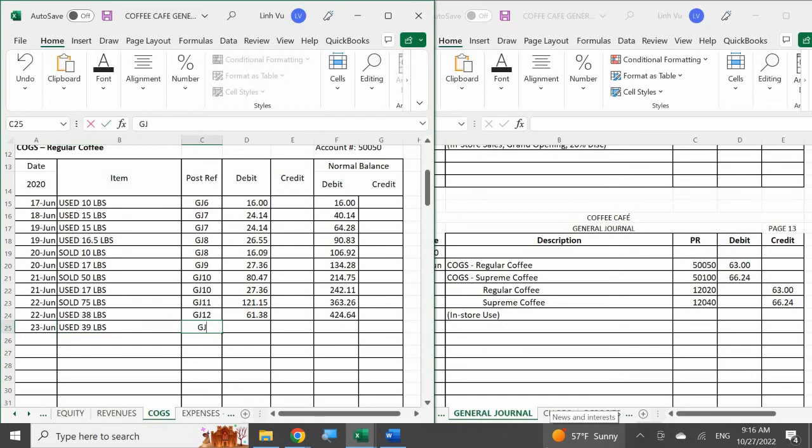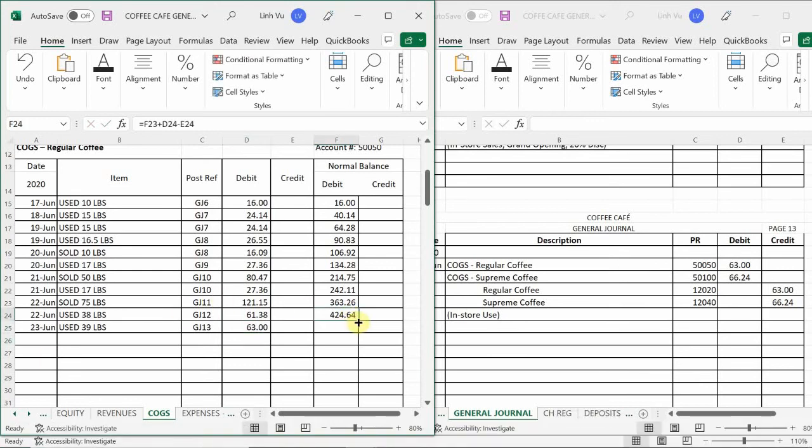And we're on the new journal now because we finished the 12 page already. So 13 now for our cost of goods sold. $487.64. Good.